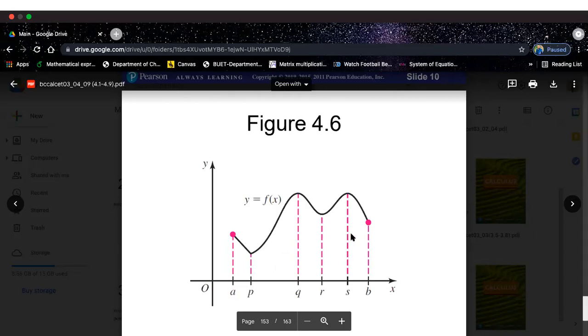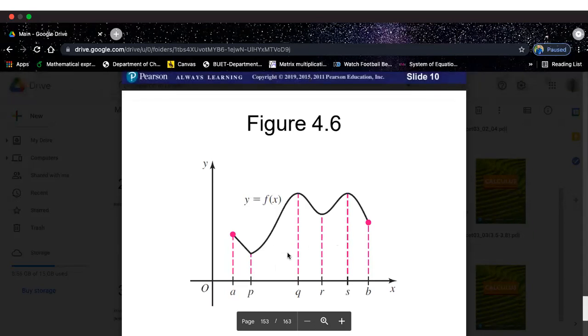For example, let's pick up this one, R to B, for this interval R to B. So can you locate the local maximum and local minimum from this interval R to B, by the way?